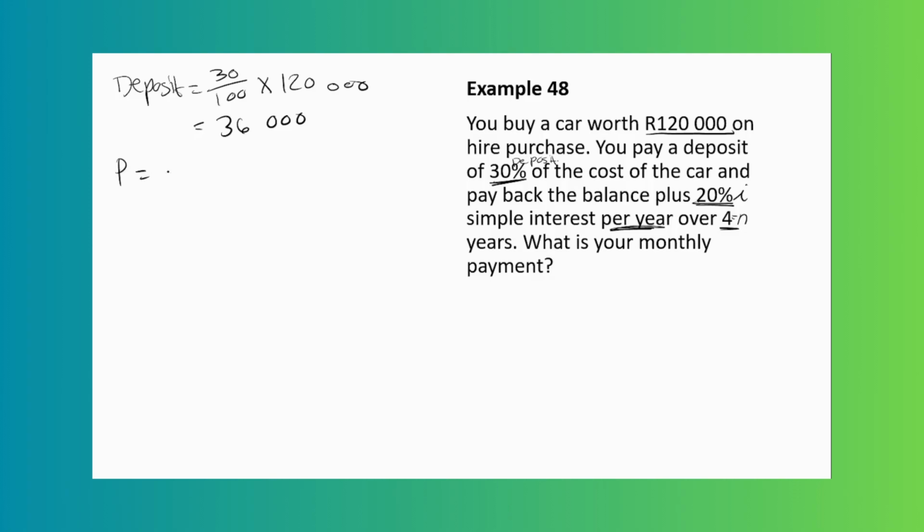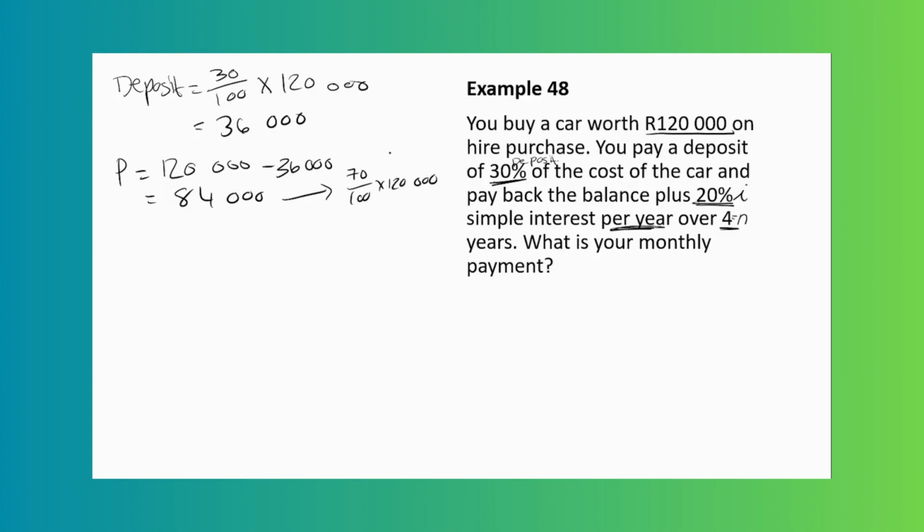So in actuality, what we are borrowing and therefore paying simple interest on and will have to pay back is the original amount, the cost price, minus the 36,000. So our P is going to be 84,000.